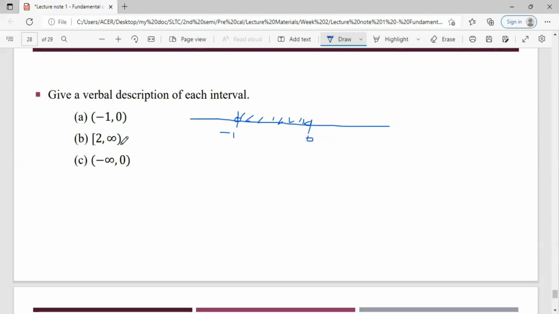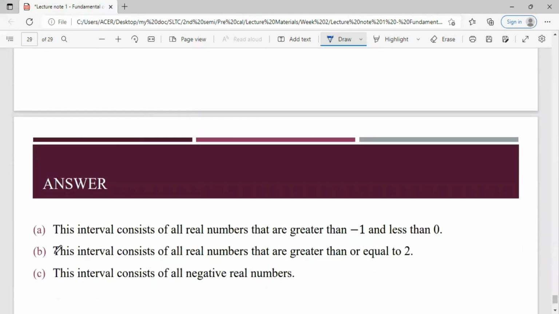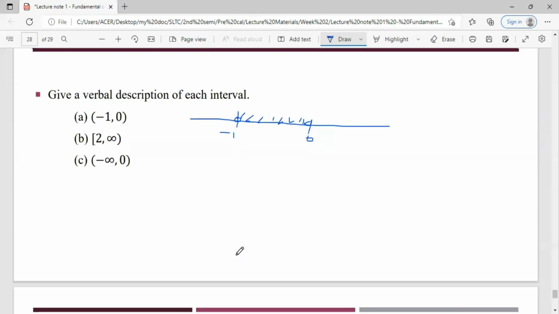What about the next one? This consists of all the real numbers that are greater than or equal to 2.